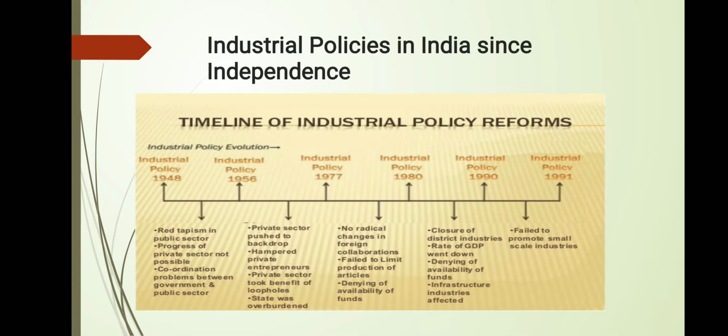The first Indian industrial policy was implemented in 1948, after independence. In this first industrial policy, it was made clear that India is going to have a mixed economic model.